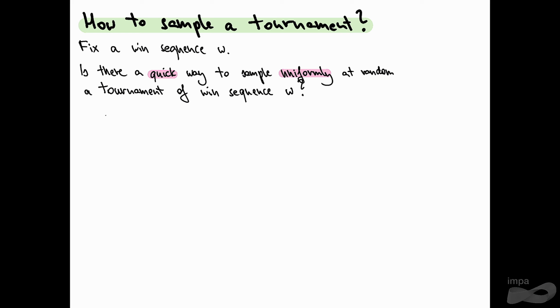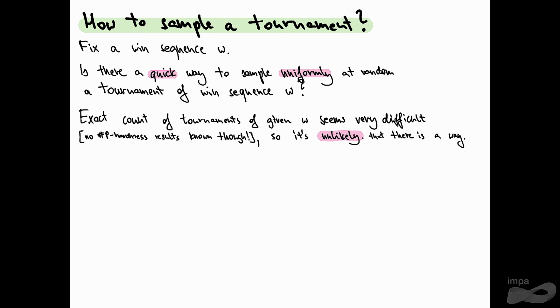And now it becomes a more refined question. Fix some win sequence, and look at all tournaments which realize this win sequence. Can we sample these tournaments uniformly? Because these families are of exponential size, it gets a bit crowded.